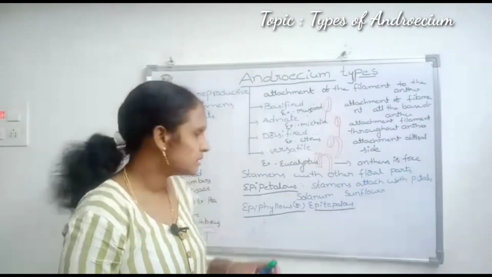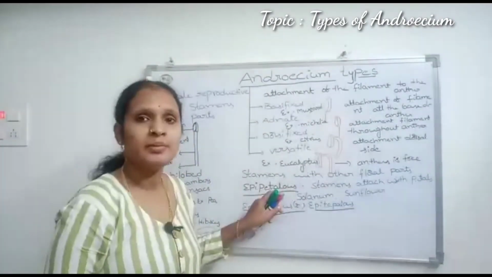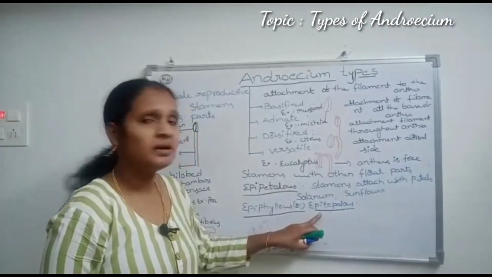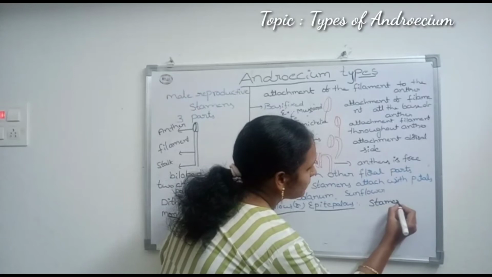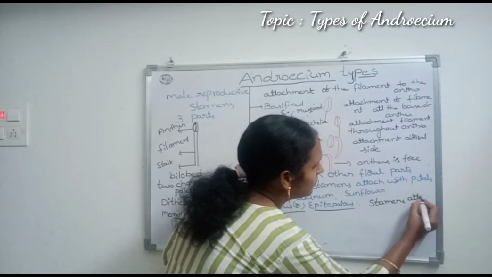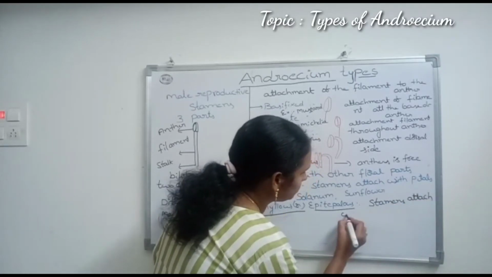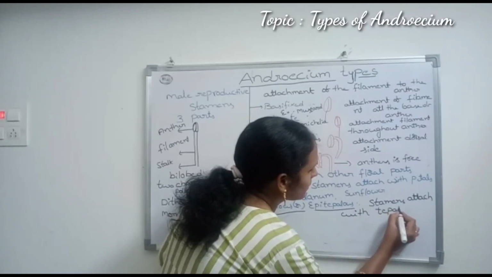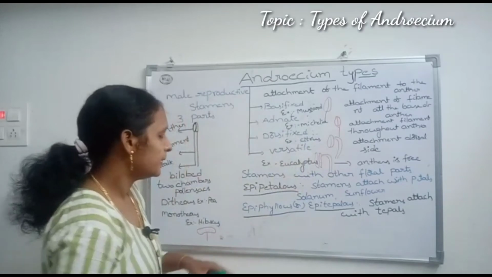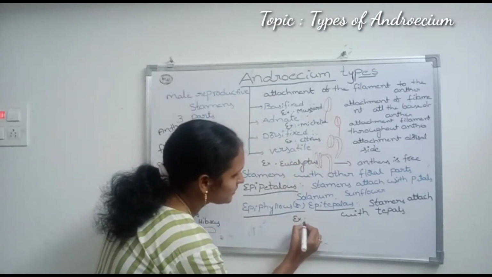These perianth units are called tepals. So stamens here attach with the tepals. An example of epitepalous is asparagus.